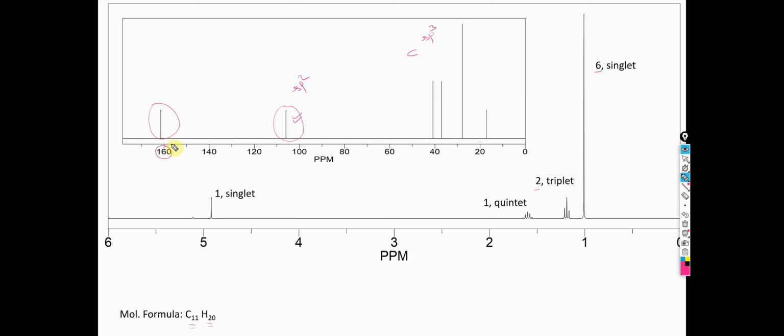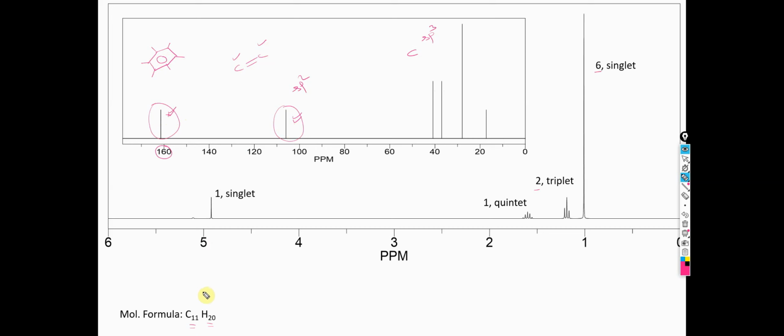All right, now how do we know whether it's an aromatic or an alkene carbon? Okay, so the first thing is, usually if you have a benzene ring, unless you have all 6 of the benzene carbons substituted with the same group, you're not going to have a single benzene carbon. All right, therefore this is not going to be a benzene carbon. This is actually an alkene carbon, which is probably when you see carbon carbon double bond, you might actually be looking at both carbons that are separated by this much ppm value.